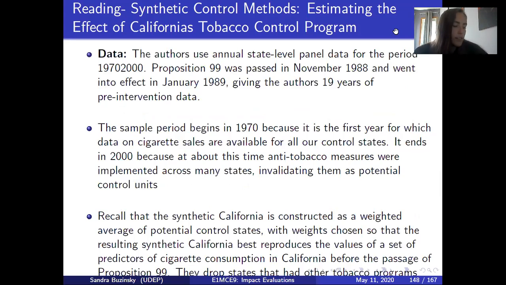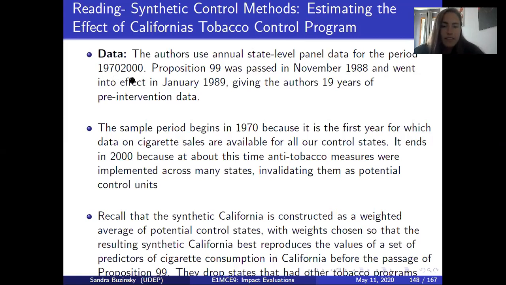Okay. So the authors are using annual data at the state level, a panel from the period 1970 to 2000. This proposition was passed in 1988 and went into effect in 1989. This gives the authors 19 years of pre-intervention data, right?